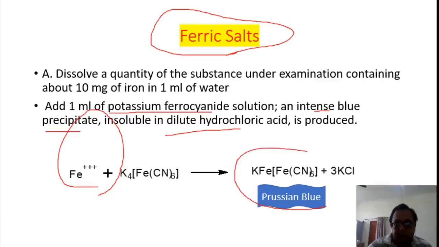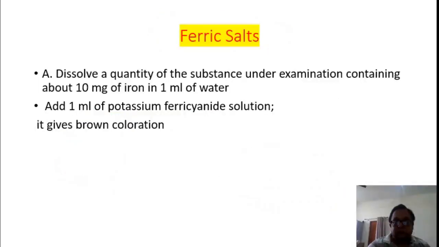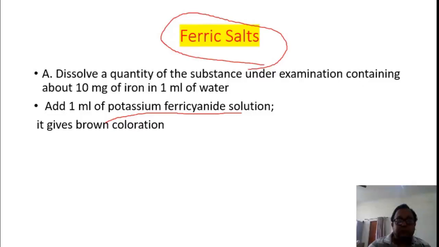So remember, if we are testing for ferrous and we add ferricyanide, we will get blue color. And if we are testing for ferric and we add ferrocyanide, again we get the blue color. Now if we try to add potassium ferricyanide to the ferric salt, it does not give the blue color, rather it gives a brown coloration.